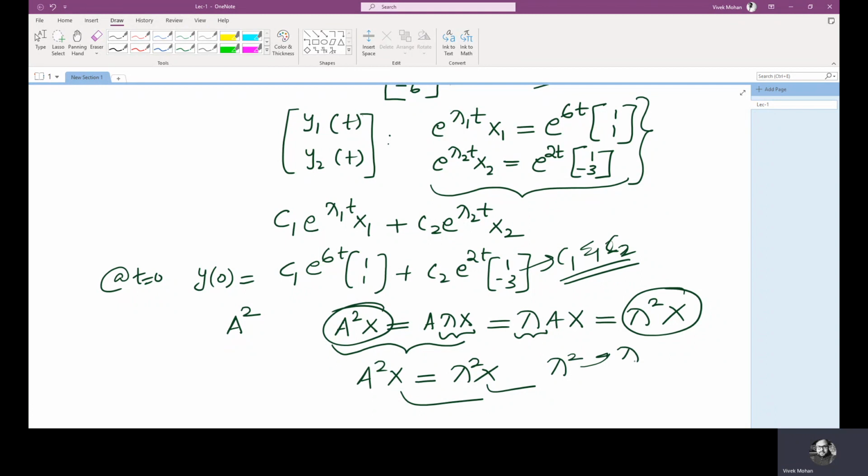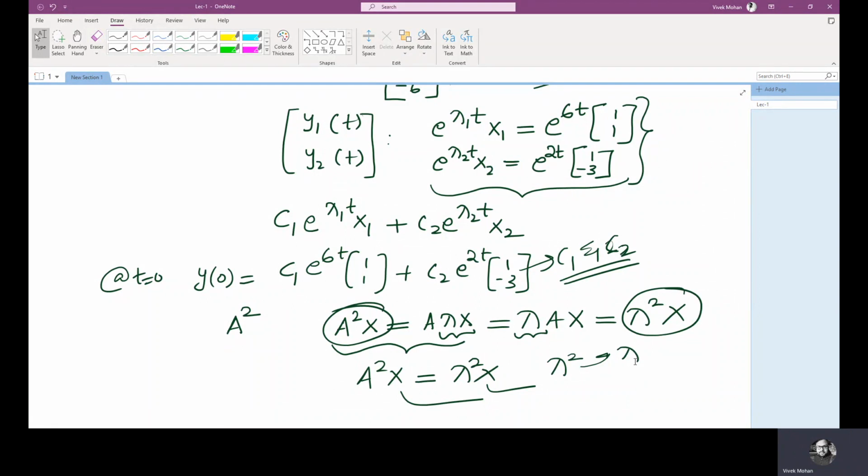For the previous example, we wanted to find the eigenvalue of A. Then the eigenvalue was lambda. When the matrix was squared, lambda is also squared. Eigenvalue is squared, but still the eigenvector is the same. So with the same eigenvector, we have a different eigenvalue, and that too the square of the previous eigenvalue.